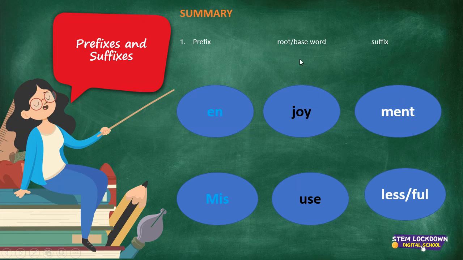Just like enjoy, you'll be asked to add a suffix, and that would be ment, and you would have enjoyment. Okay, you wouldn't be asked to give a suffix to joy, because we don't have a word such as joyment. We have enjoyment and we have the word joy.